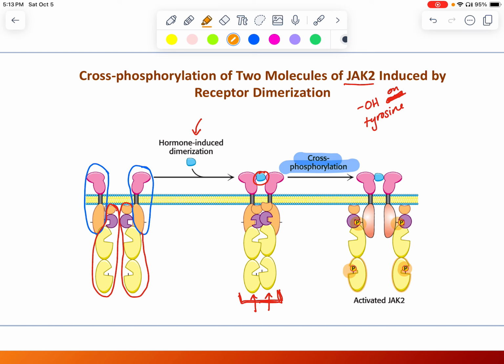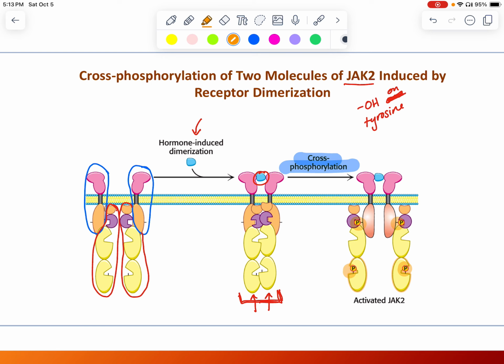When they're phosphorylated, they're activated. And so now they can phosphorylate other important enzymes in the cell. We don't know specific ones right now. This could be a lot of different things. Gene expression enzymes would be one example, right?